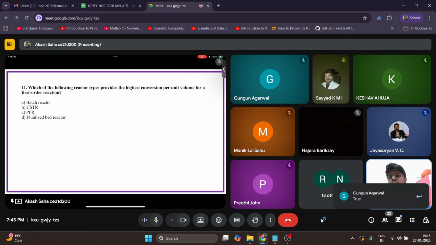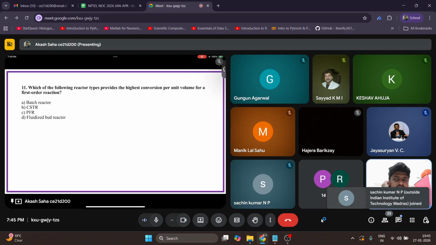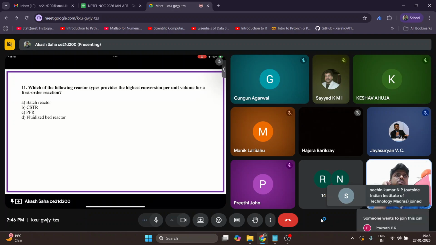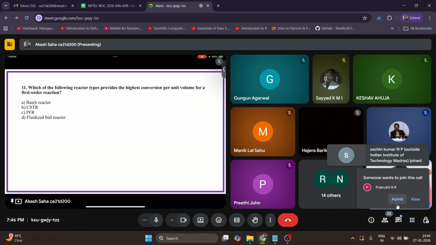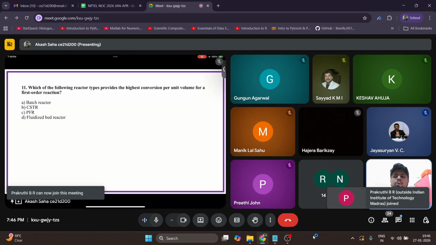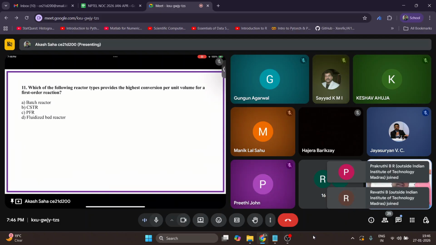Next, which of the following reactor types provides the highest conversion per unit volume for a first order reaction? Here again we are talking about those three reactors that we just discussed: the batch reactor, the CSTR, and the PFR. What the question is asking is, suppose we have the same volume, 1 meter cube, of each of these reactors.